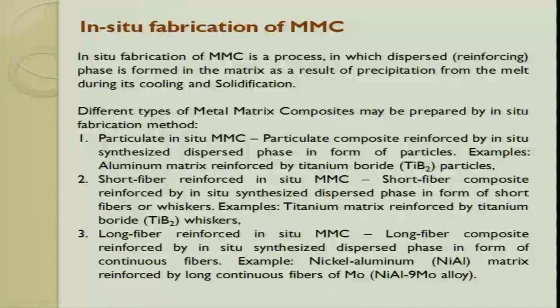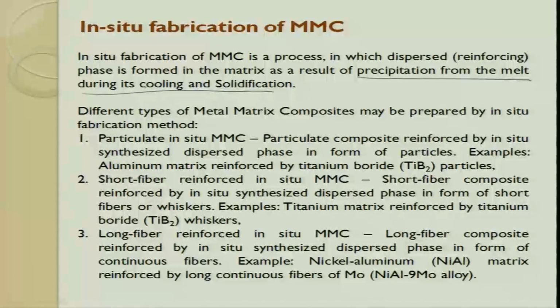In situ fabrication of metal matrix composite is a process wherein the dispersed phase forms in the matrix as a result of precipitation from the melt during its cooling and solidification. So, this is what is in situ.